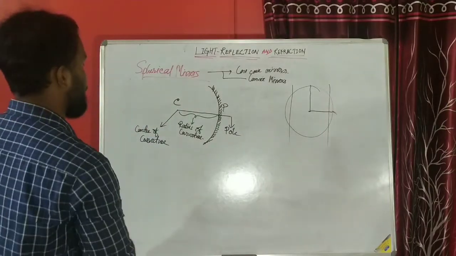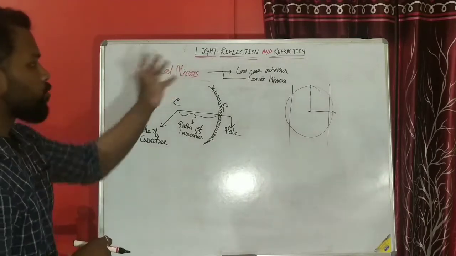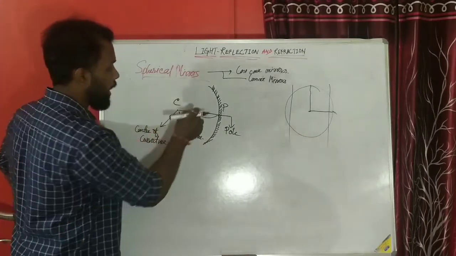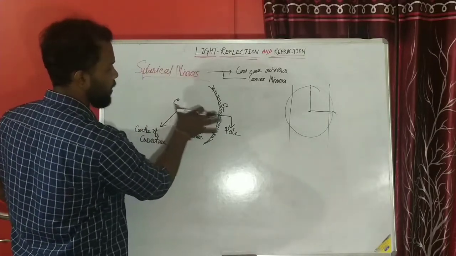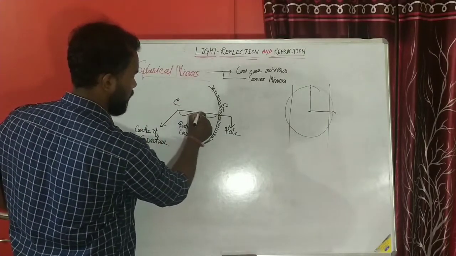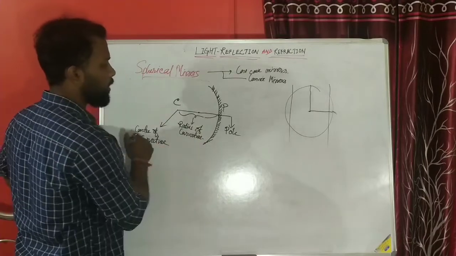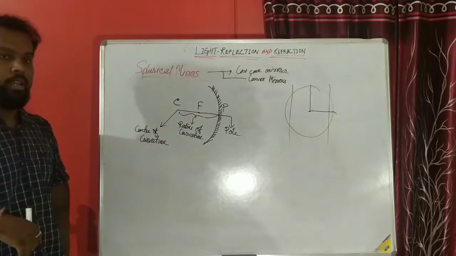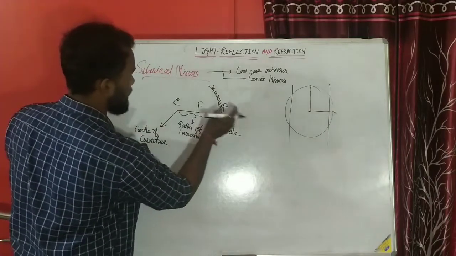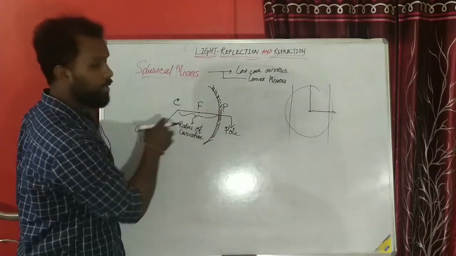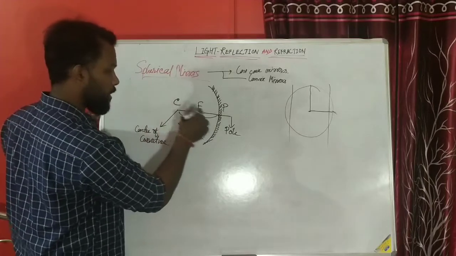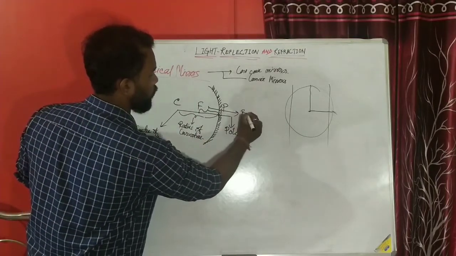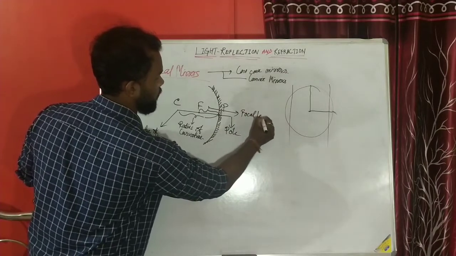Understood? Again, there is one more thing. If we mark a point at the very middle of this line PC, that point is nothing but the focus. Again, there is a distance between P and F. That distance PF is known as focal length.